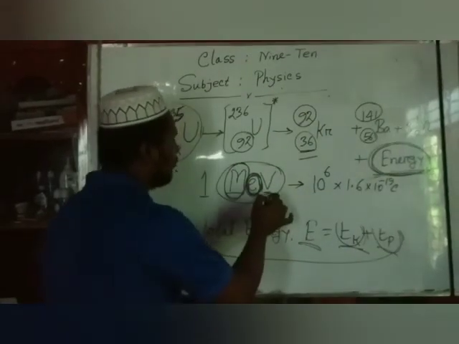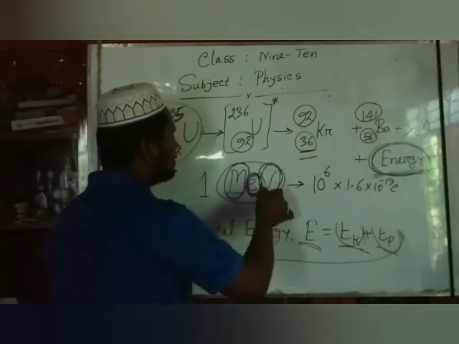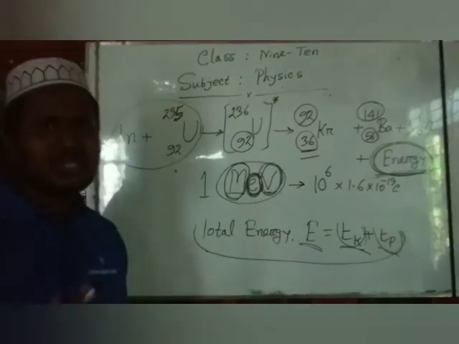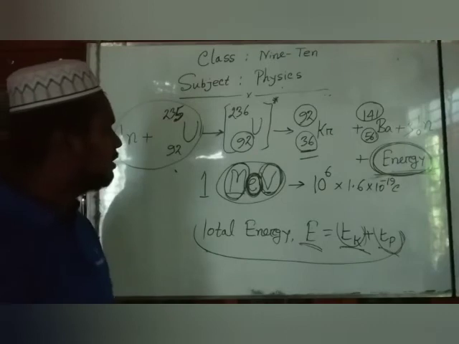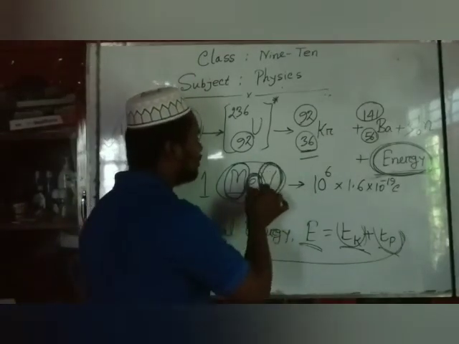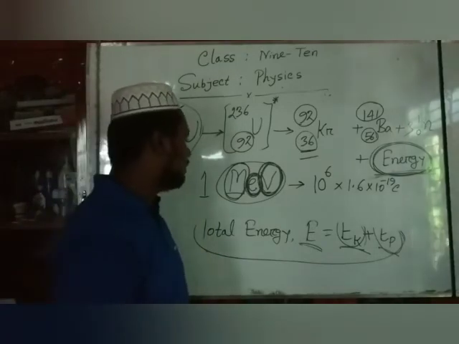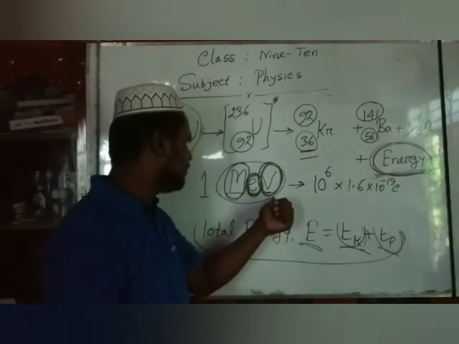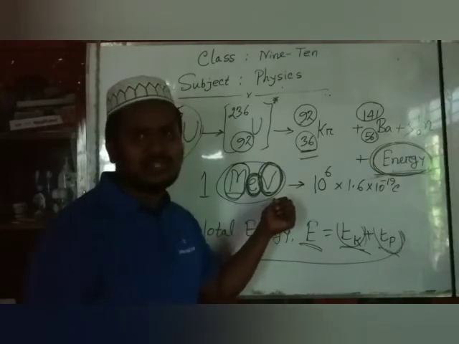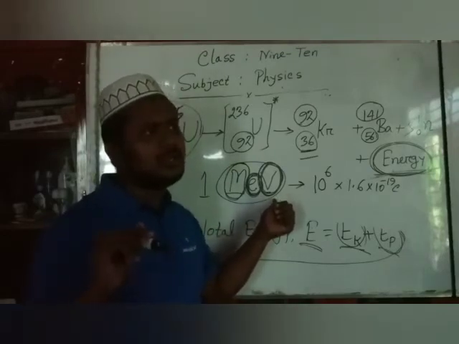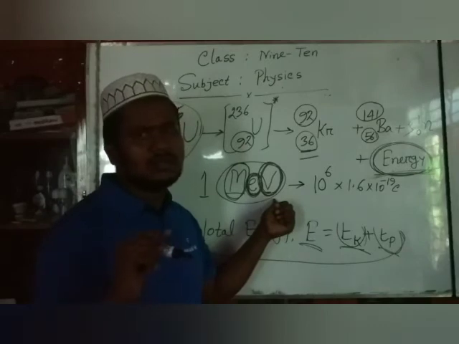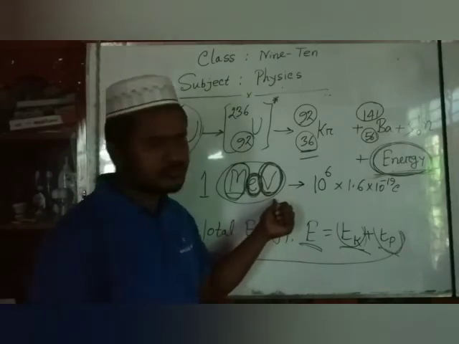The term V is the unit of potential difference, which is used in chapter 9 in class 8.